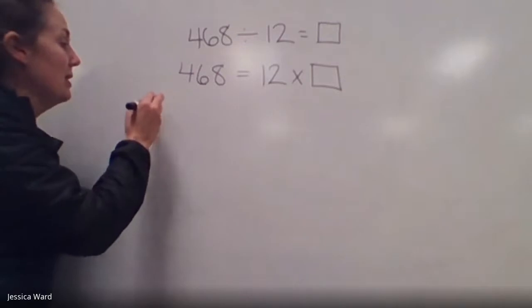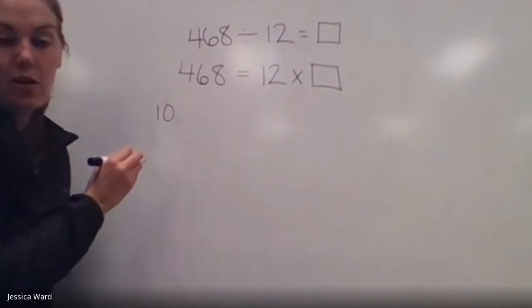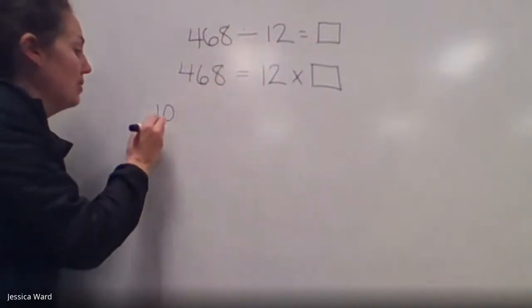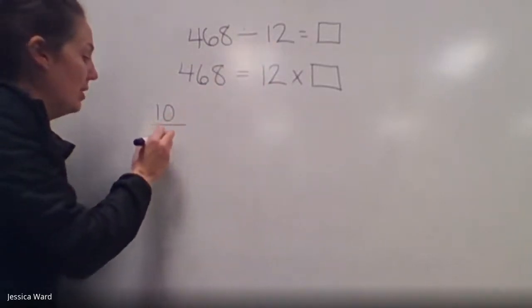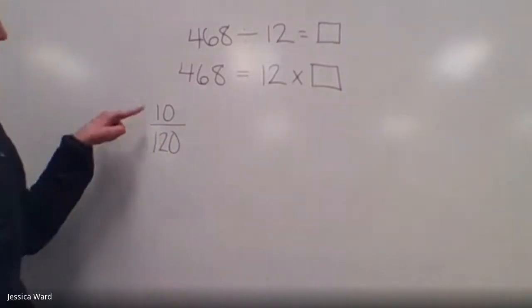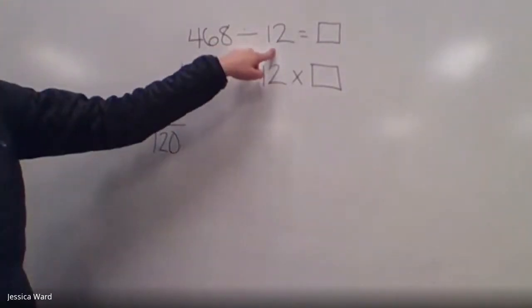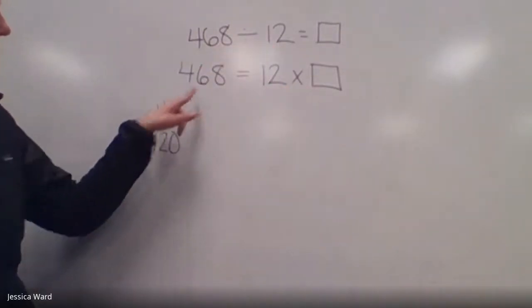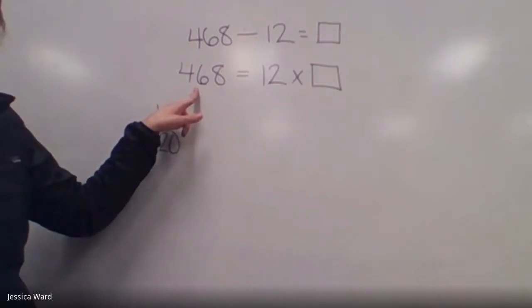For packages of 10, we multiply by 12, and we get 120 for the number of sports cards. 12 times 10 is 120 cards, but he has 468.